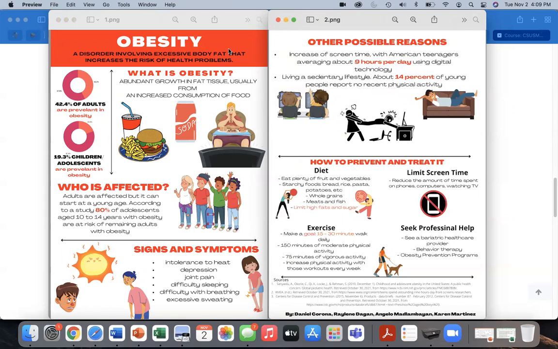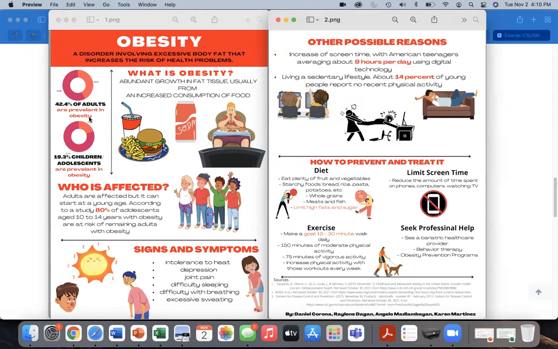So a couple of things, and some of these are little technical things. Whenever there's a heading, you don't want to include a period at the end of the heading. So I would remove that period. The statistic over here on the left-hand side, 42.4% of adults are prevalent in obesity, and that really doesn't make sense.